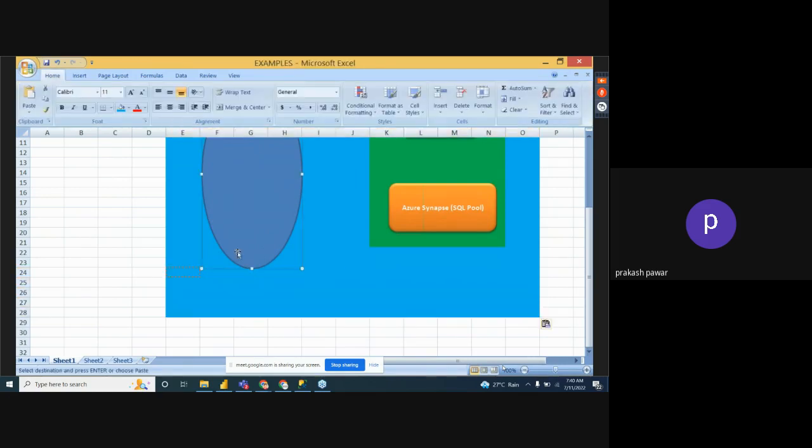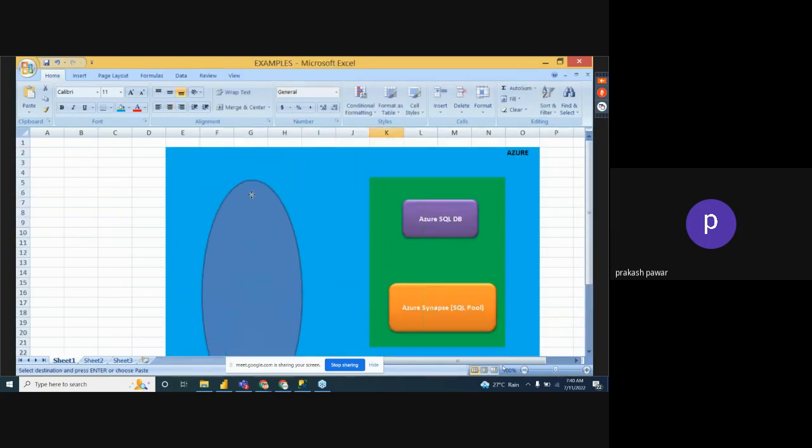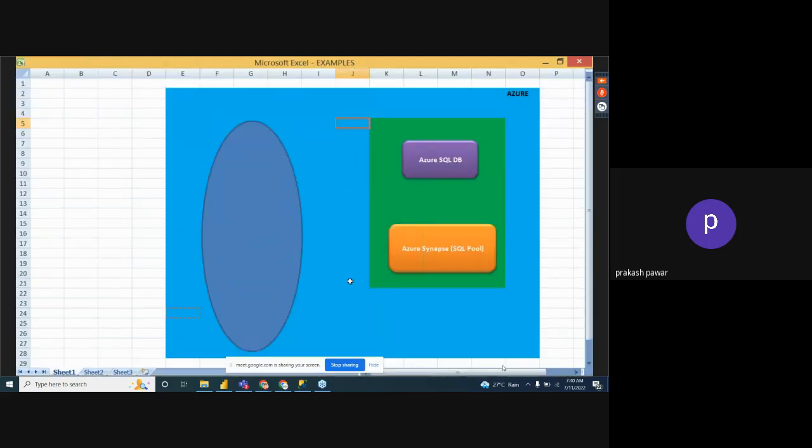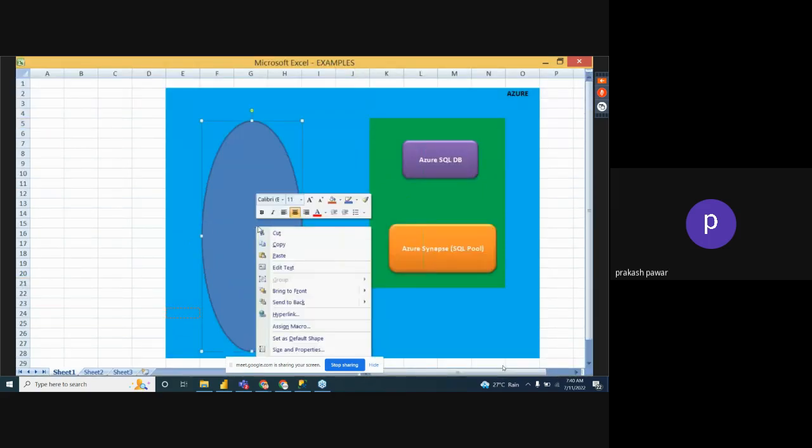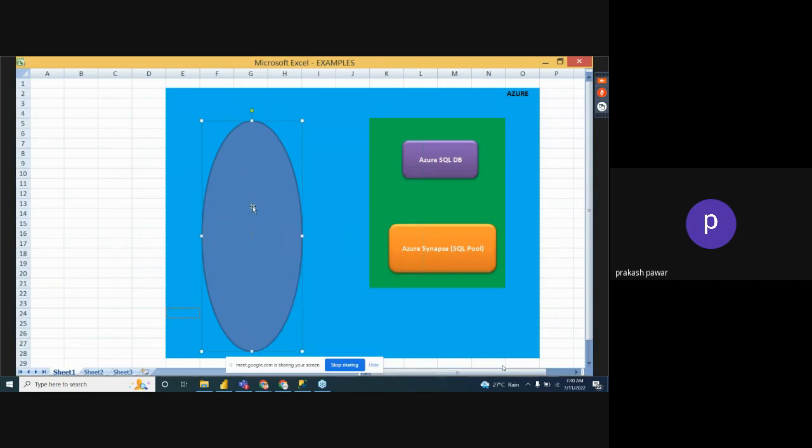I'll just mention this way. We go beyond the lines of your SQL server, like this. Well, here we go. This is your data factory, ADF.